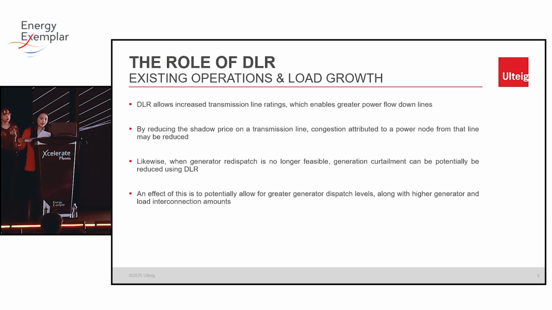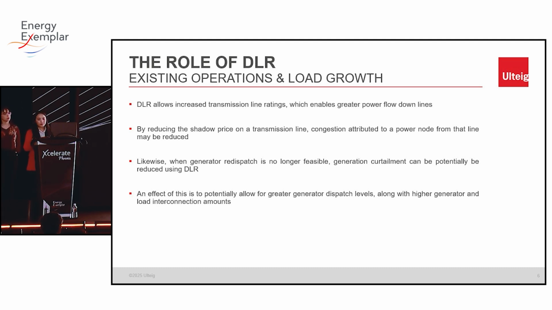As a result of increased transmission rating values, the shadow price may be lowered and congestion associated with the power node can be reduced. It is also possible that if the situation is severe, the output of surrounding power resources can no longer be adjusted to alleviate the transmission constraints. When this occurs, resources may be curtailed on the system to alleviate overload.